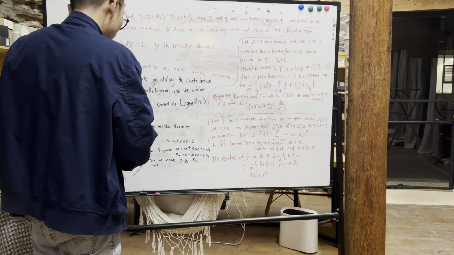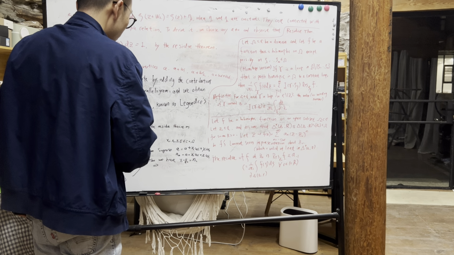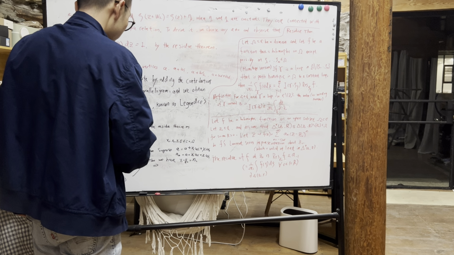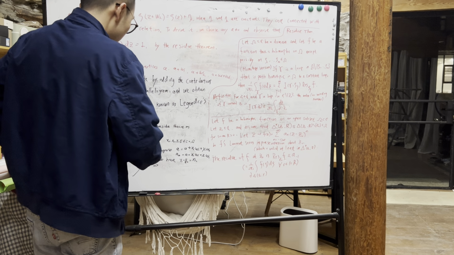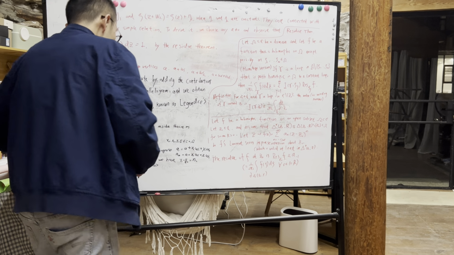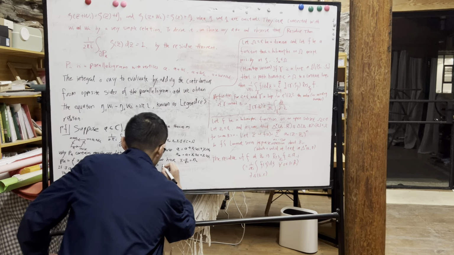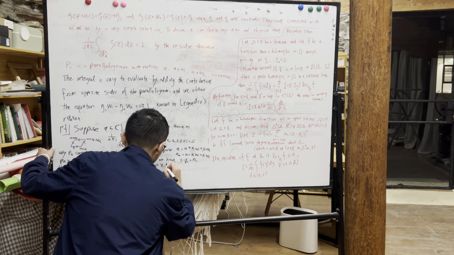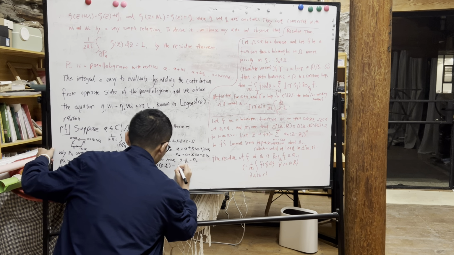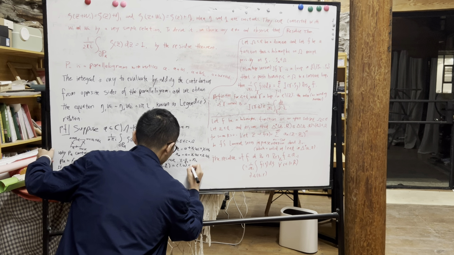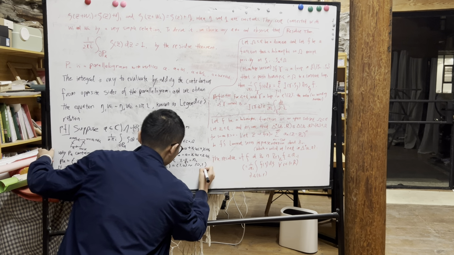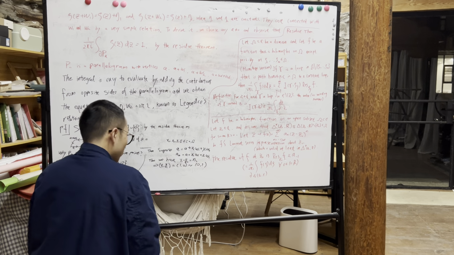Then y1 is equal to y2 minus 1, so y2 is equal to 1, y1 is equal to 0. So this implies that y1 comma y2 is either 1 comma 0 or 0 comma 1. There's no other choice.